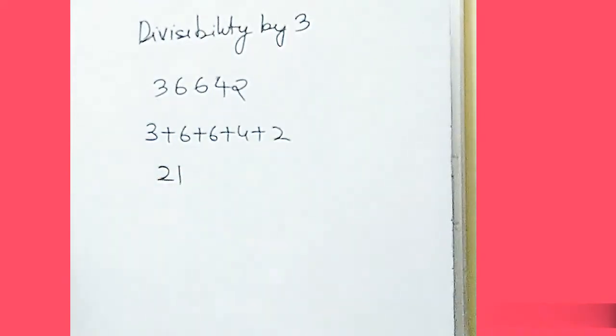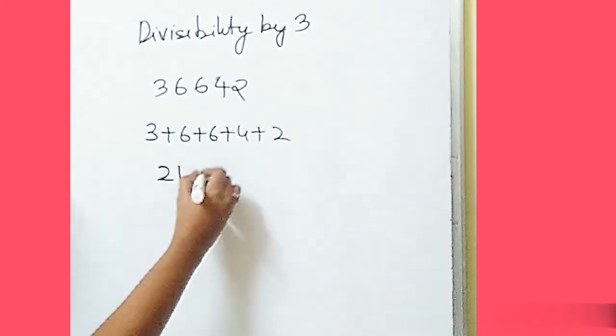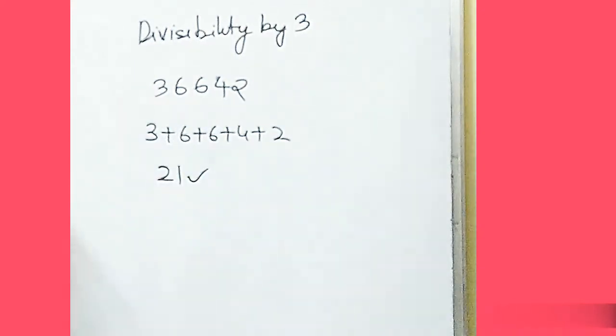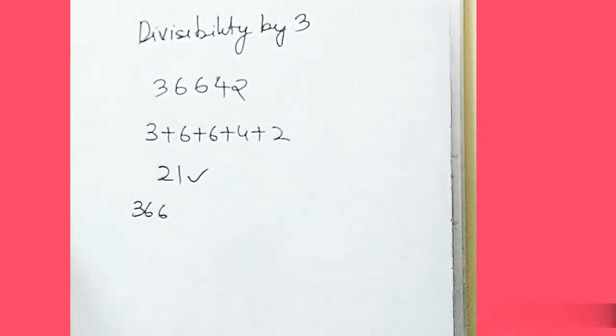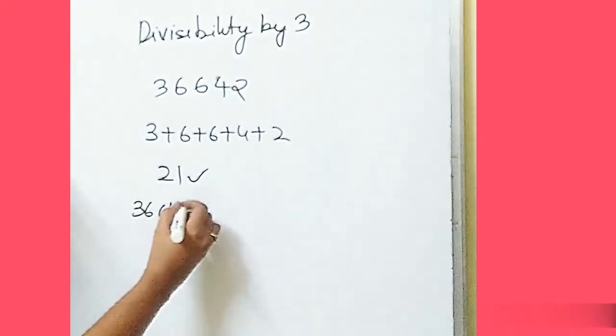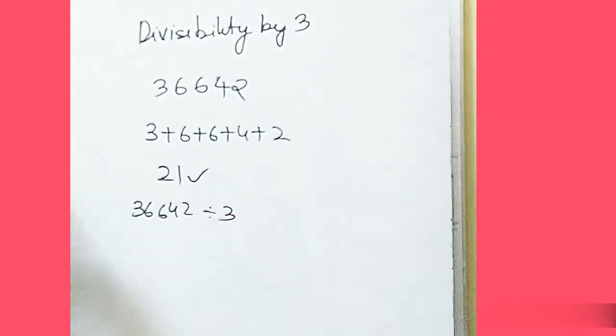Now, this 21 comes in the 3 table. Yes, student. So we'll confirm that 36,642 will come in the 3 table. Any doubt in this? It's a very simple one.